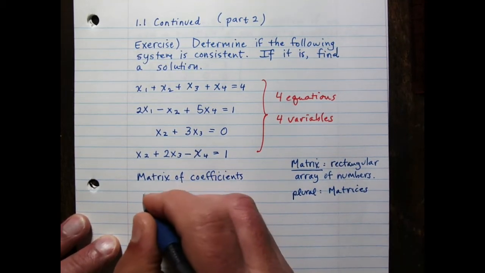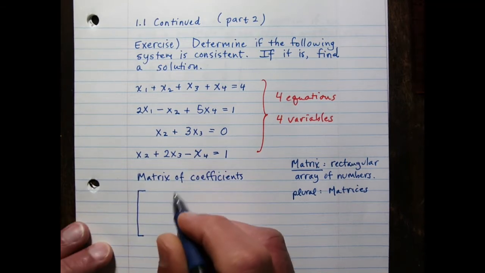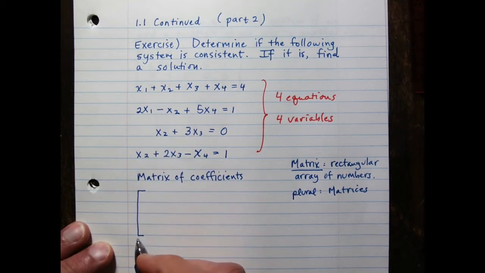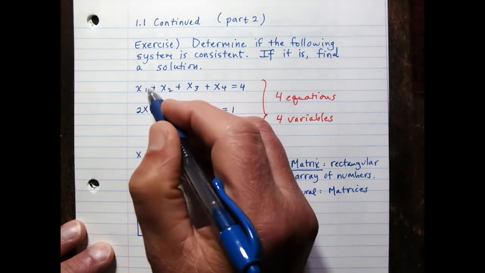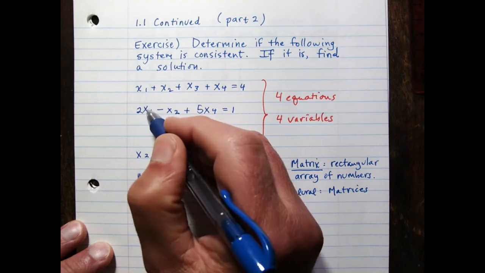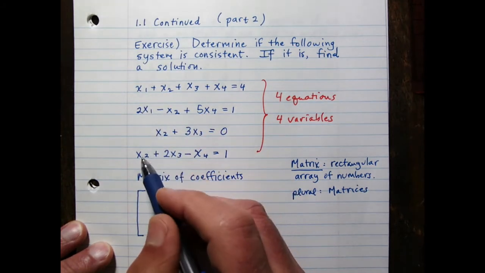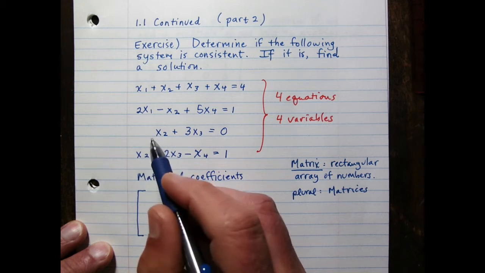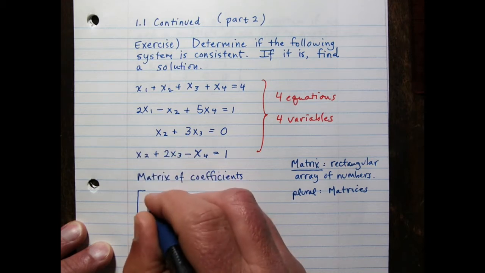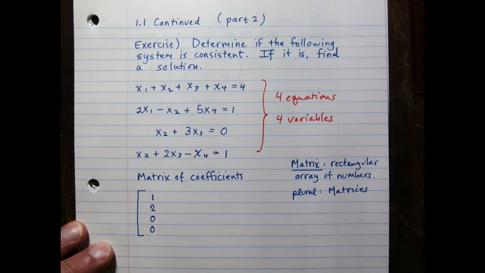So the matrix of coefficients here in this problem is an arrangement of the coefficients. And what I'm going to do is write these coefficients in square brackets, giant square brackets. I'm going to start out with the coefficients of x1, which are 1 from the first equation, 2 from the second. And because x1 doesn't occur in the third or fourth, I think of its coefficients as being 0 in the third and fourth equations. So I have 1, 2, 0, 0 as the coefficients of x1.